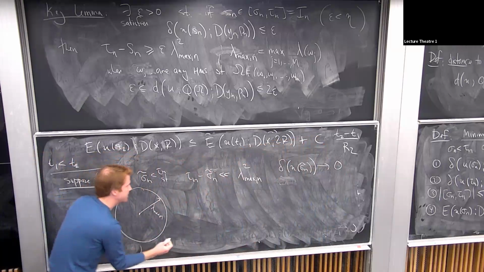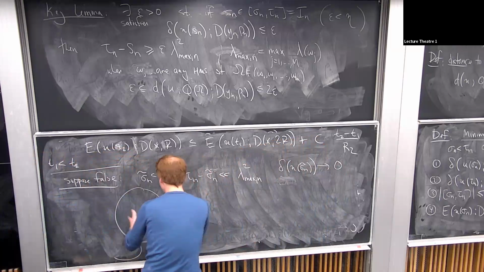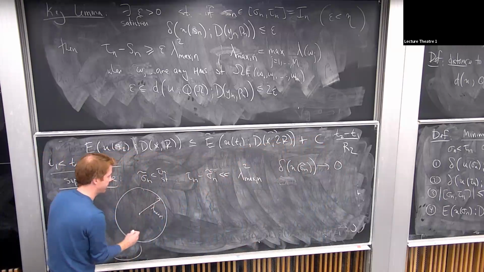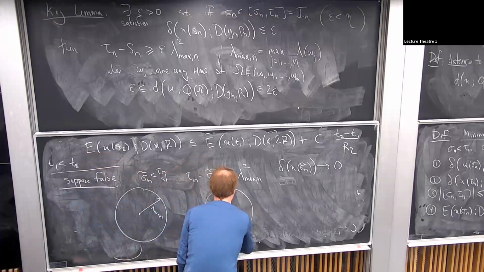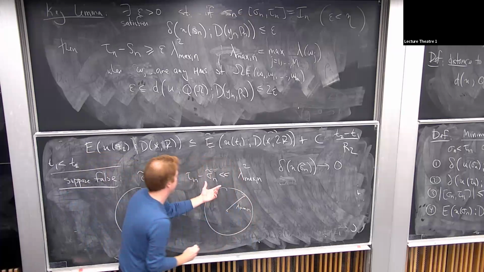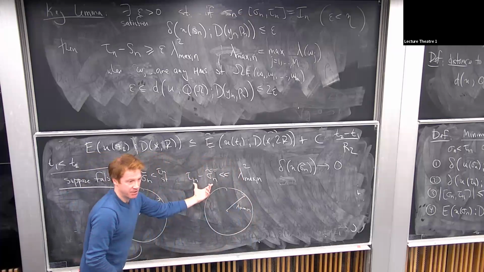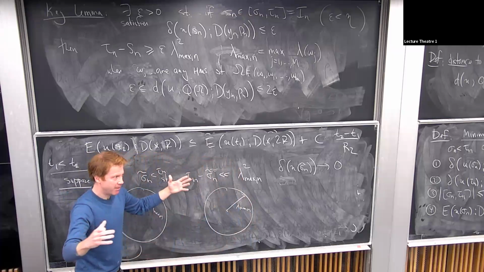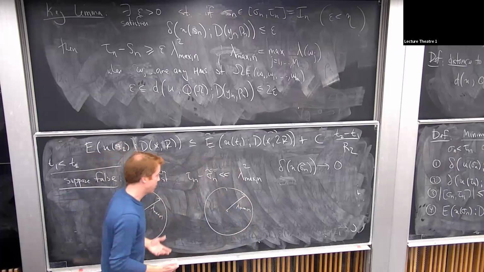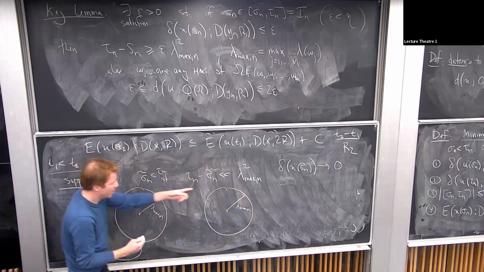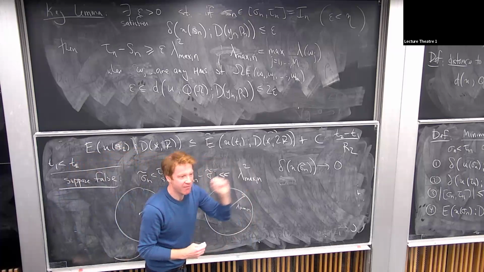At time sigma n, I have multi-bubble configurations. But then by localized parabolic regularity theory, if I look at the same disk at some time that's much shorter than lambda max squared, a multi-bubble configuration at scale lambda max n can't get destroyed. It stays coherent. But then I know at this later time I'm far from multi-bubble configurations.